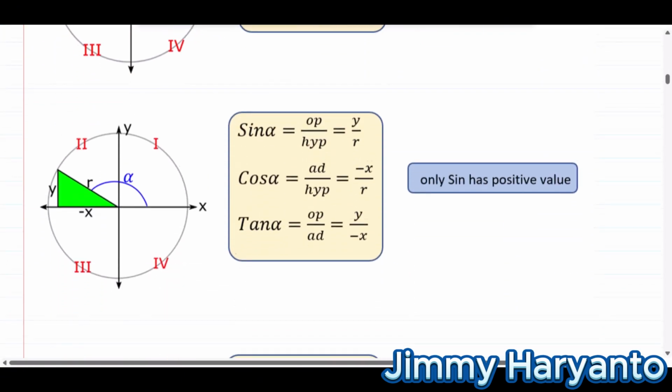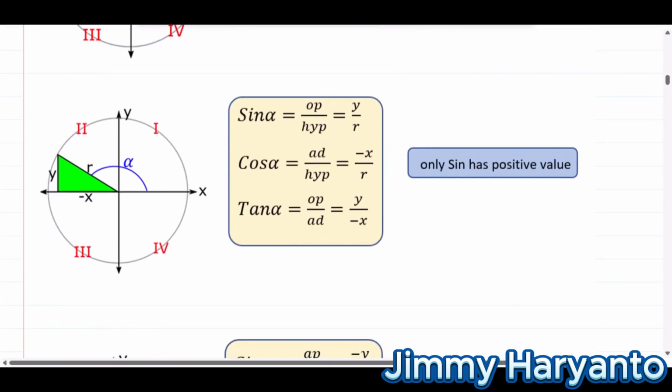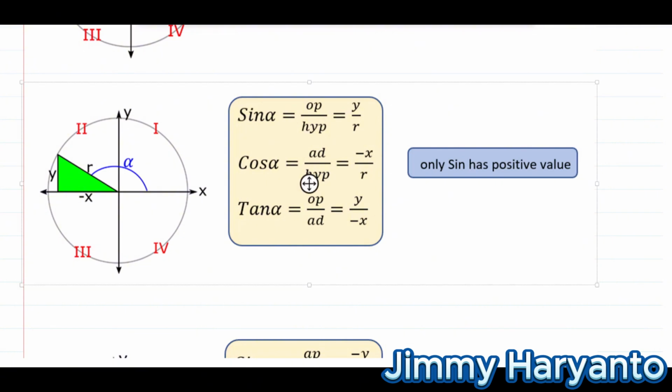How about the second quadrant? In the second quadrant, as you can see, the value of x is negative because we are dealing with the negative x-axis. That means the value of cos will be negative because the adjacent is negative x.